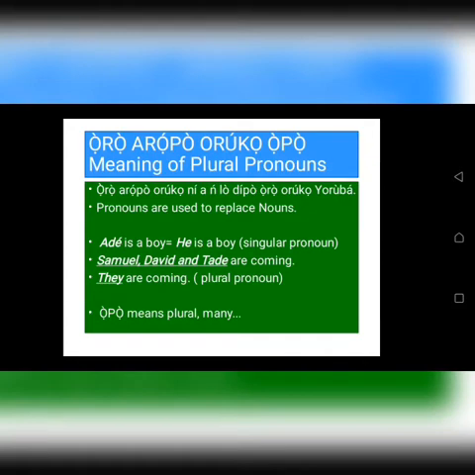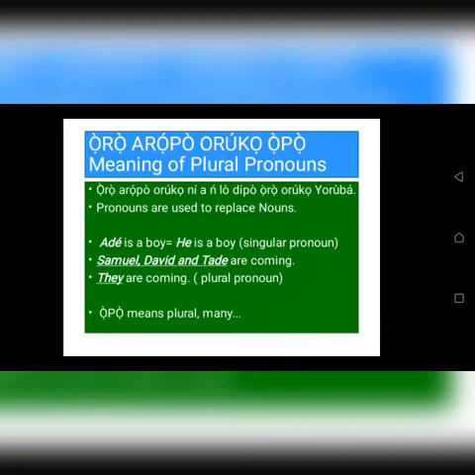Ọ̀rọ̀ arọ́pò orúkọ ni à ń lò dípò ọ̀rọ̀ orúkọ Yorùbá. That means we use pronouns to replace nouns in a sentence. For example, say Ade is a boy.